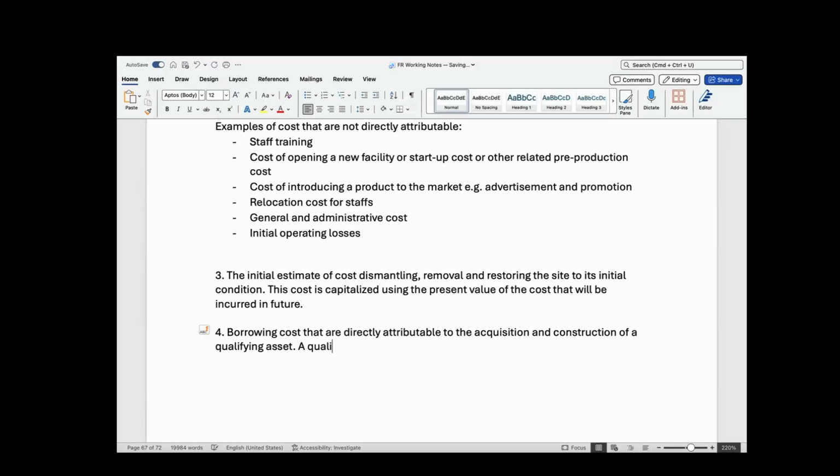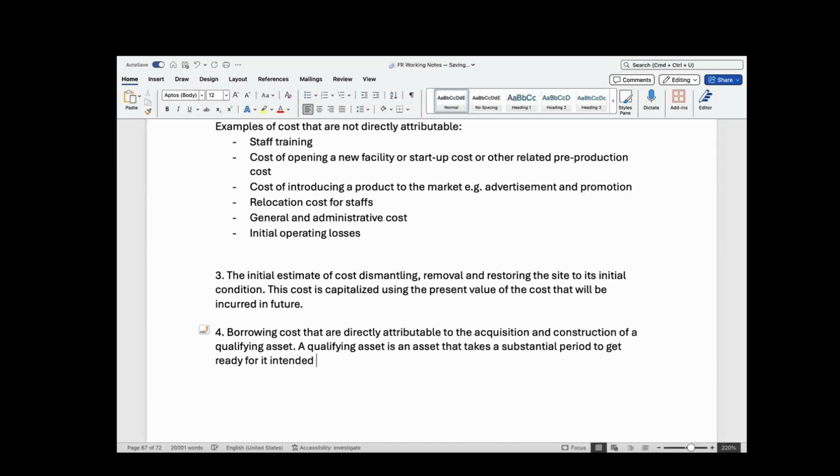So that's why we define it as saying a qualifying asset is an asset that takes a substantial period of time to get ready for its intended use.